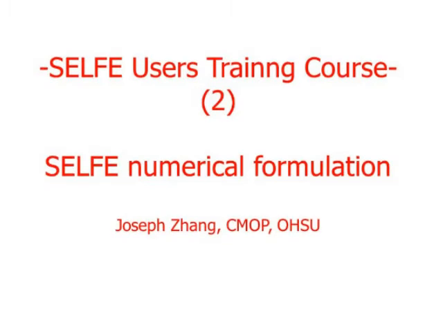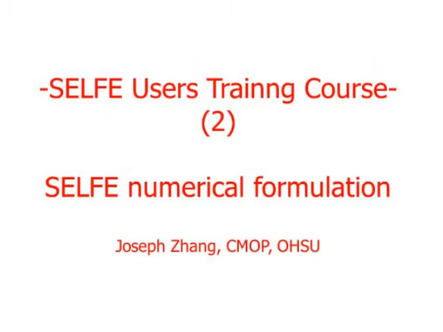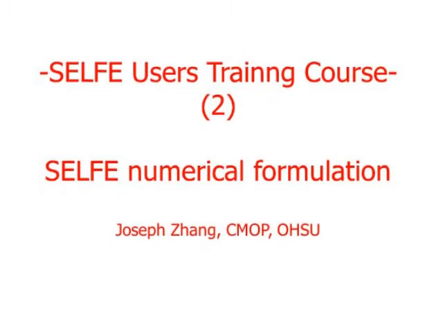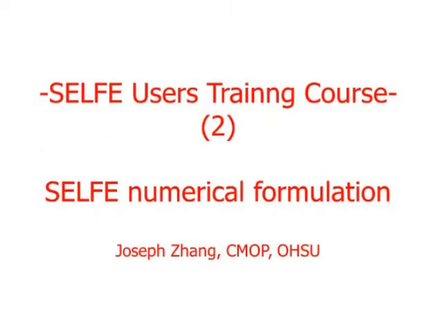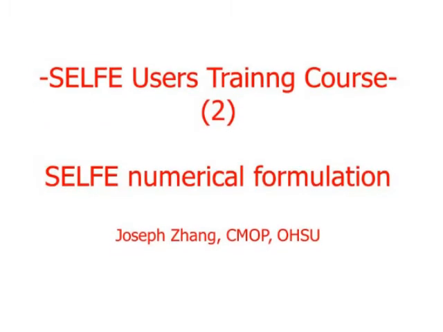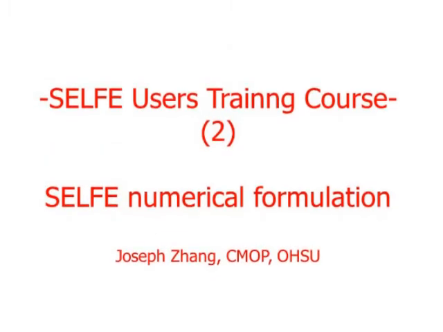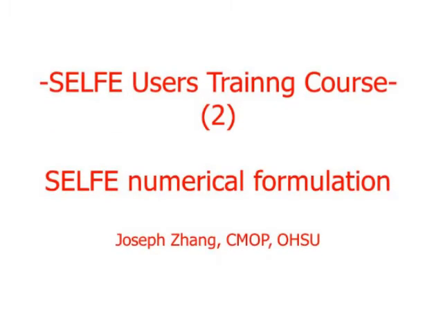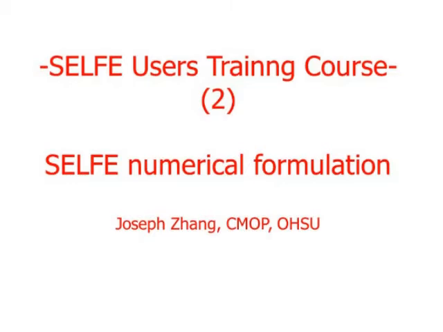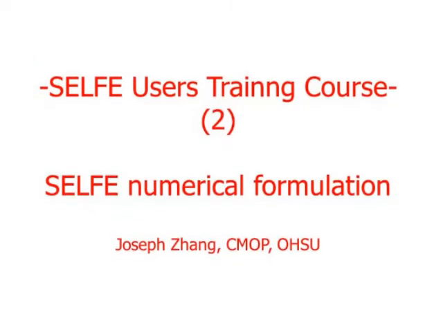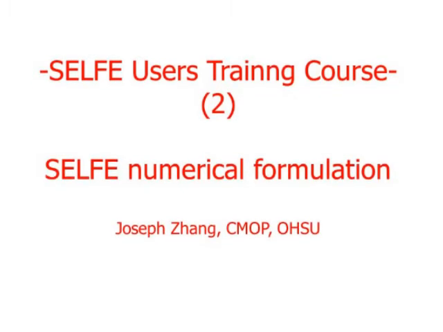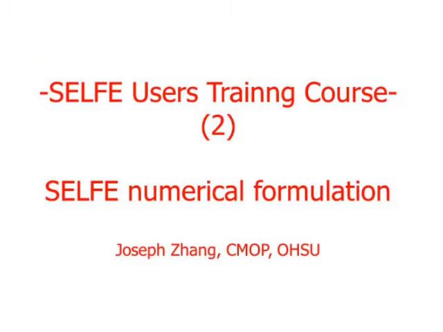The advantage of the upwind method is that it preserves mass conservation and also the maximum principle, which are the two basic requirements for transport equations. But the disadvantage of the upwind method is that it is lower order, it's first order, and it's very diffusive.